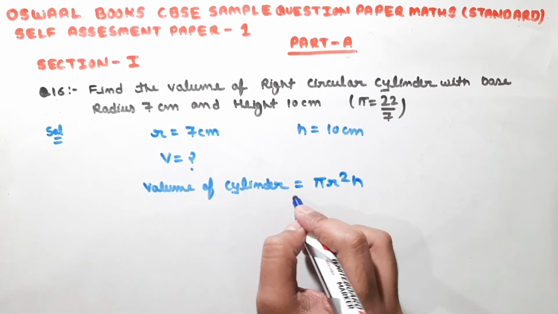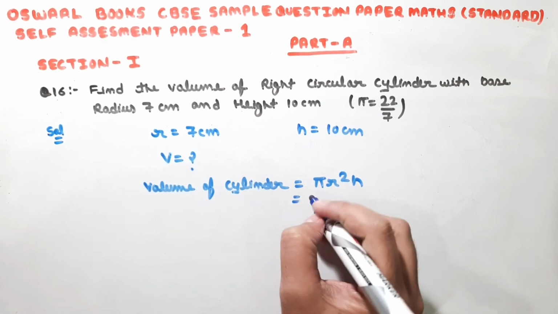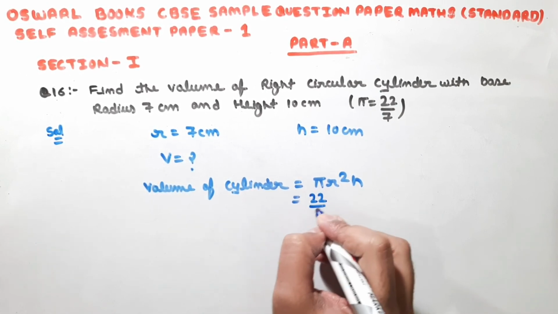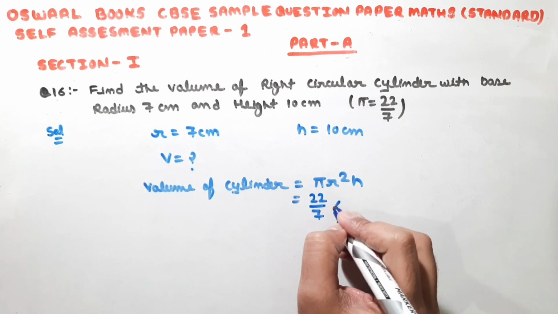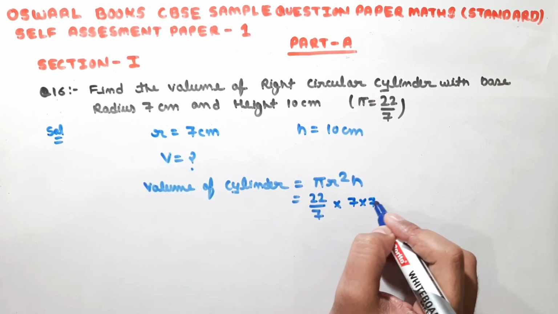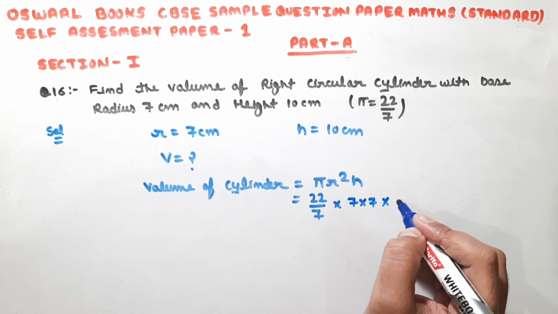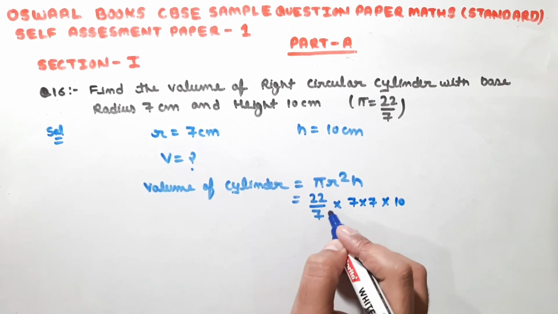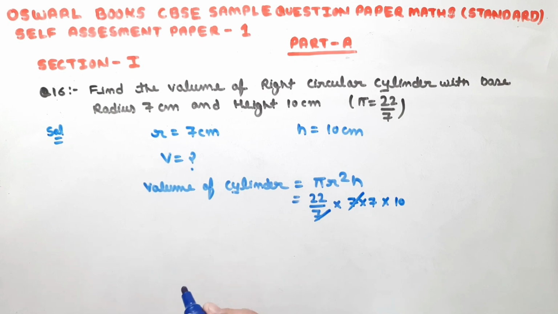Putting values here, pi is 22 upon 7 into r square. r is 7, so r square will be 7 into 7 into h is 10. So this 7 will be cancelled out.